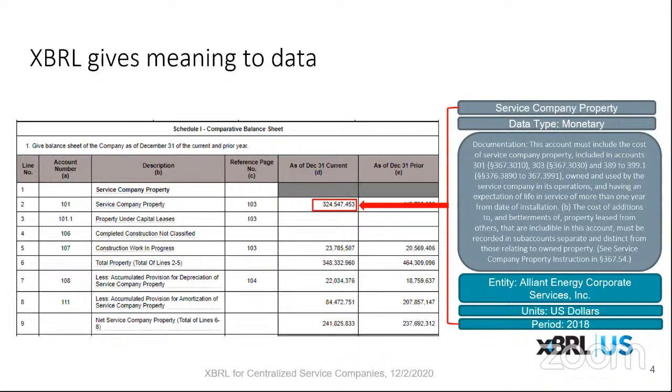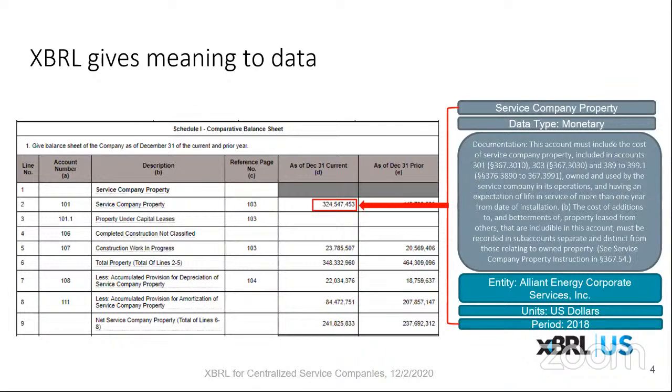In a traditional form, here's the comparative balance sheet, for example. What XBRL is doing is giving meaning to everything that's on the form. Traditionally, that meaning was communicated in the form of a GPS location, like column D, row 2. You could find the data using that syntax.